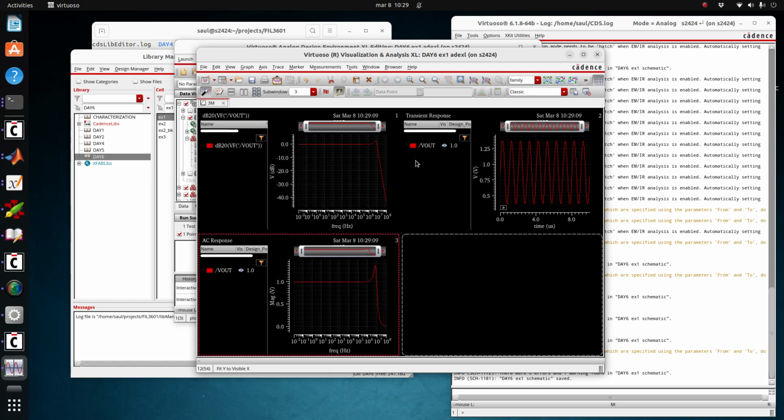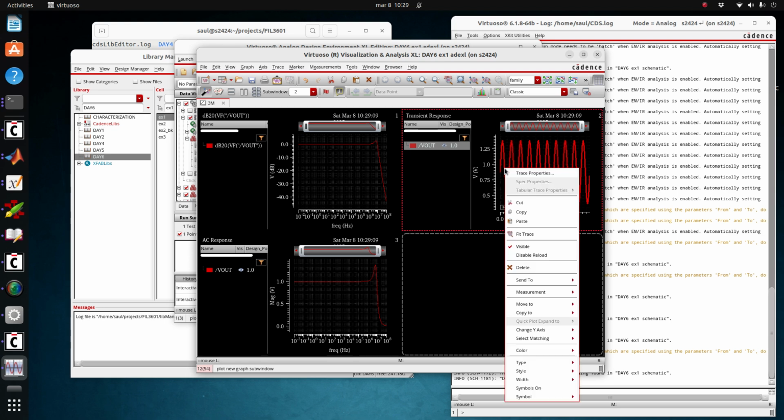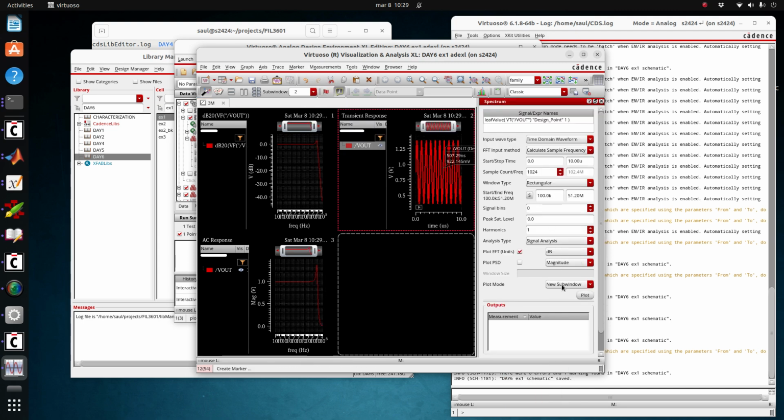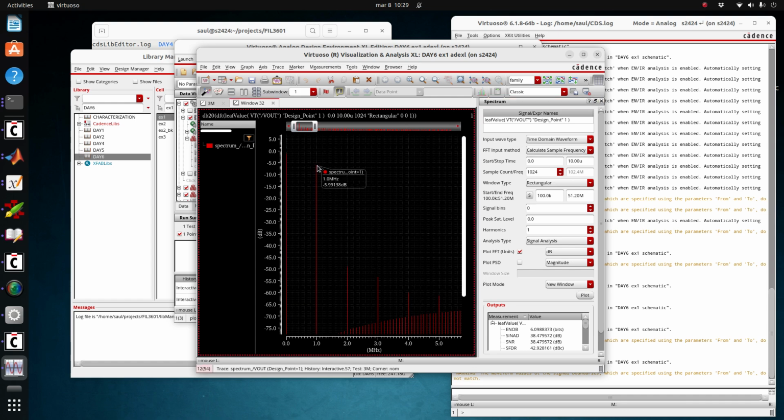Okay, so then what we have here is again a much more linear system, a more linear curve. We're going to check the spectrum of this signal. We send it into the spectrum, and then to a new window we plot it.